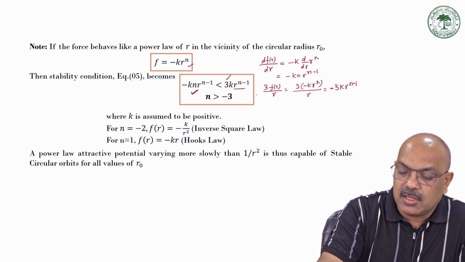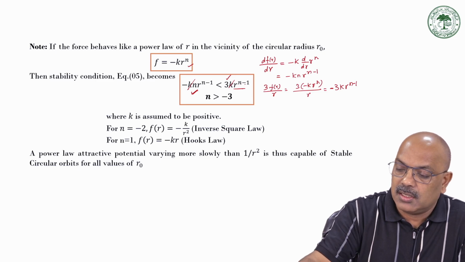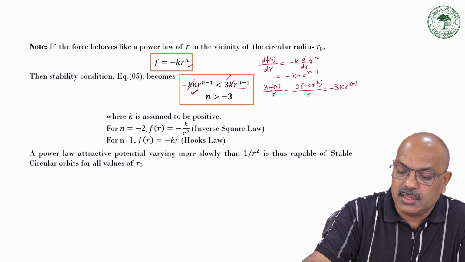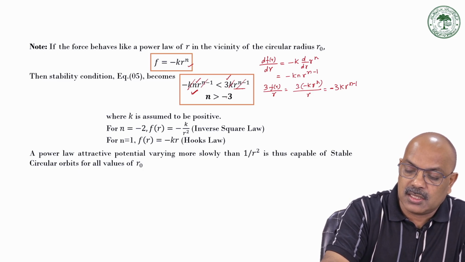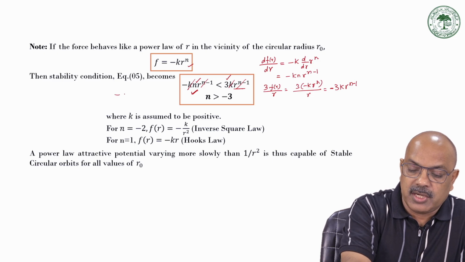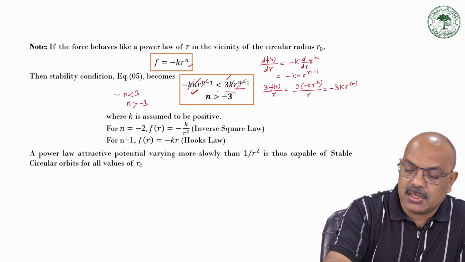Now the k will cancel out, and r to the power n minus 1 will cancel out, and you have n here, so minus n is less than 3, so n is going to be greater than -3.